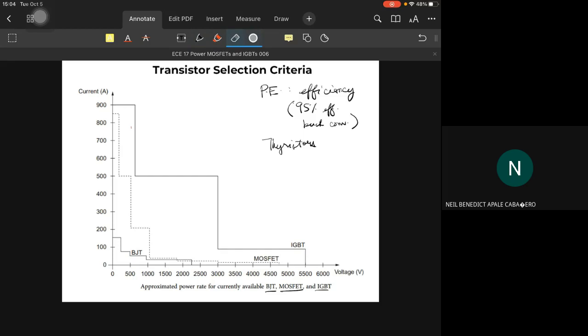This ability is very crucial in switching. So whatever the limitations of BJT, MOSFET, or IGBT, they could be handled by thyristors. That is the topic after midterm.